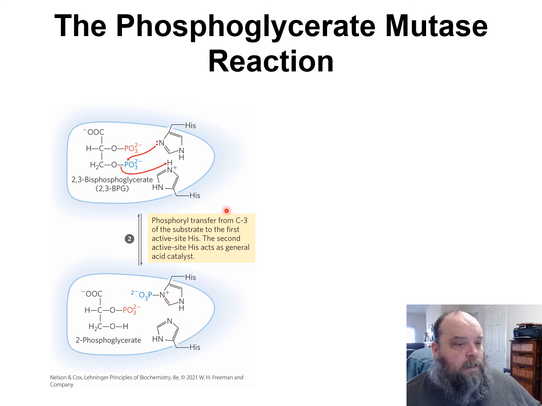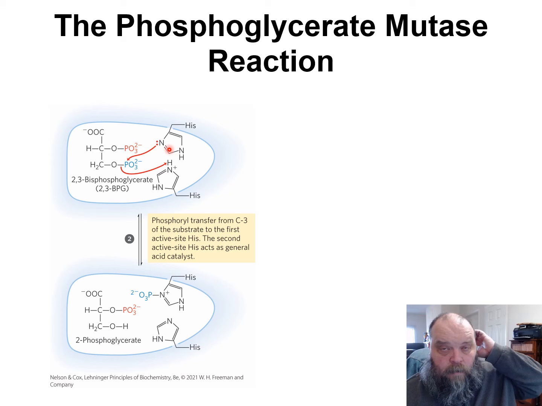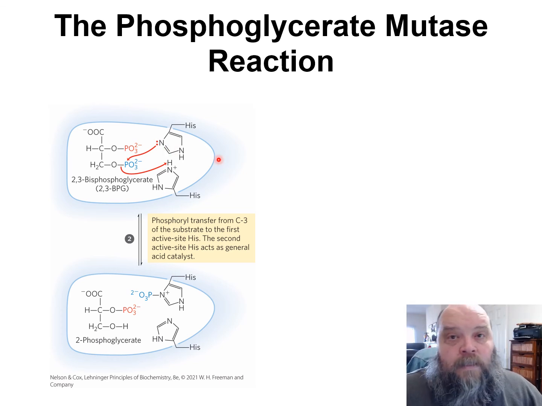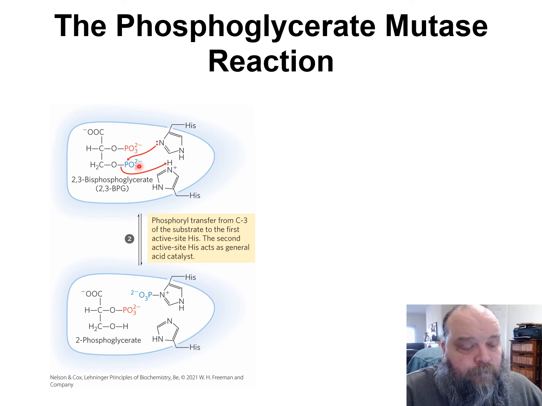No. A phosphate group from the amino acid, from a histidine R group in the mutase active site, gets added to carbon 2 to replenish, to reset that enzyme. The carbon 3's phosphate group is plucked off and then added there. So that's what we can see here. They've just swapped around.